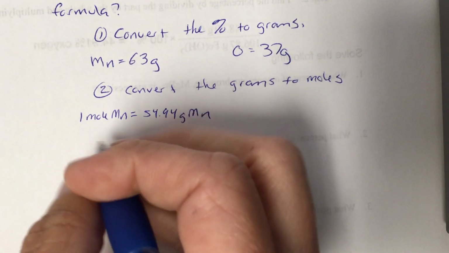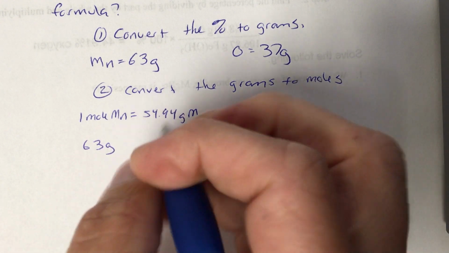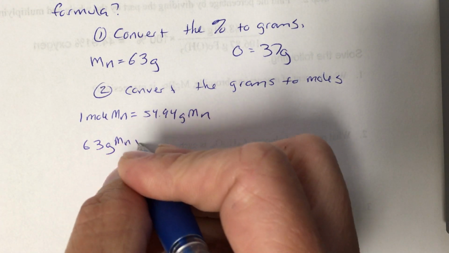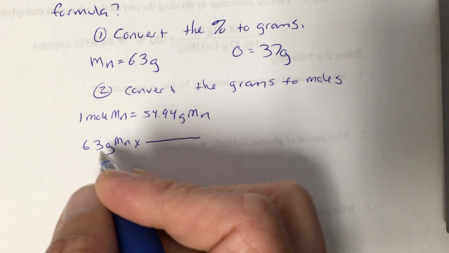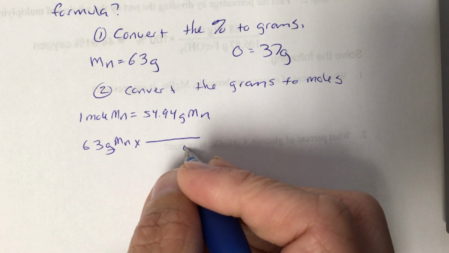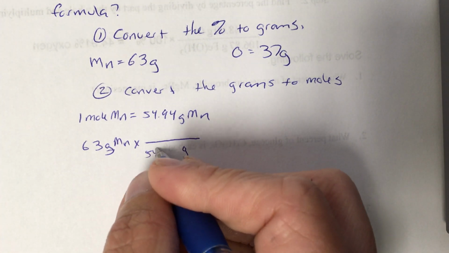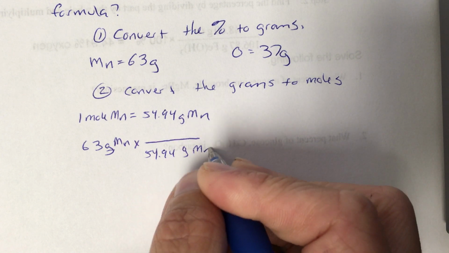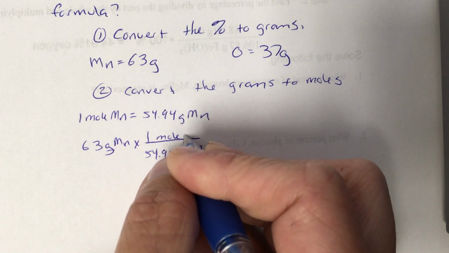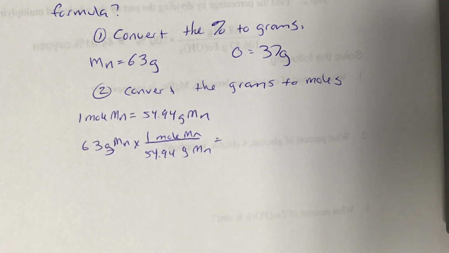So we'll start with our 63 grams times, and then the conversion factor. Because we have grams here, we have to put the grams on the bottom. So 54.94 grams on the bottom, 1 mole on top. Because the number that's not 1 is on the bottom, we're going to divide by that number.